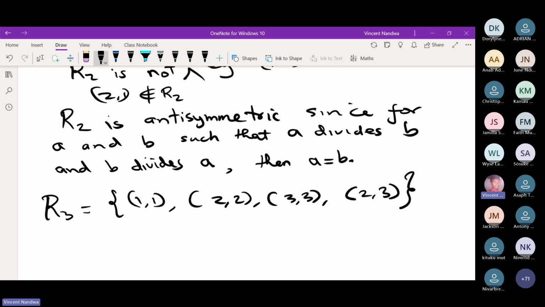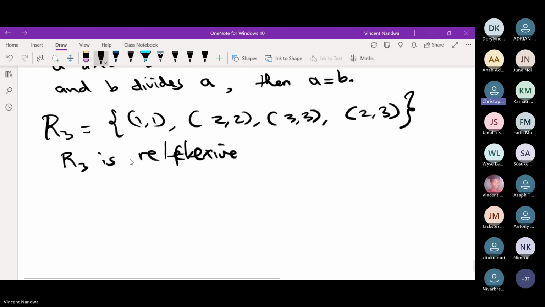R3 is reflexive, correct. And then is R3 symmetric? No. What makes it not to be symmetric?